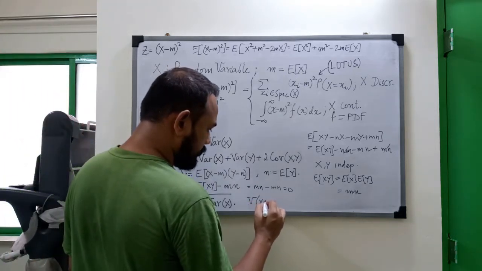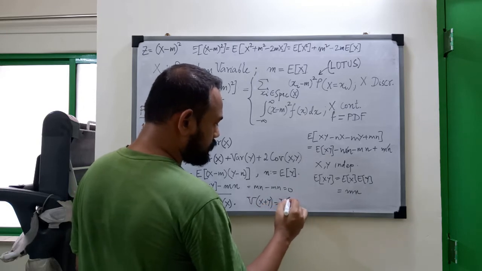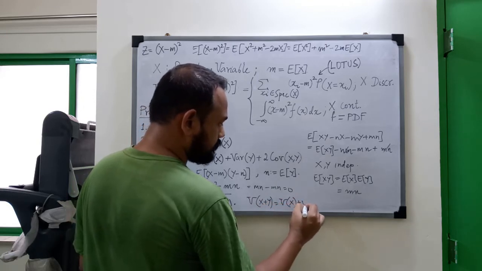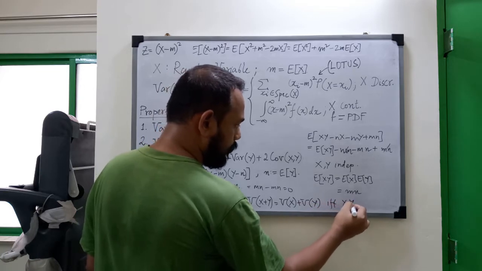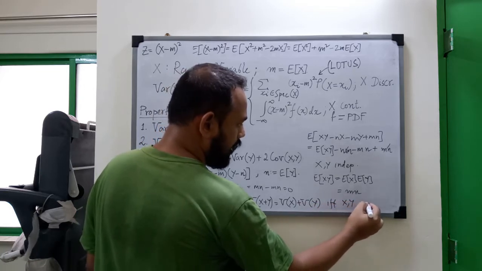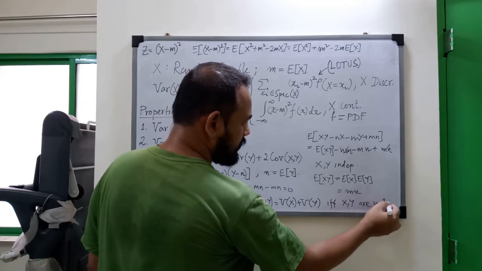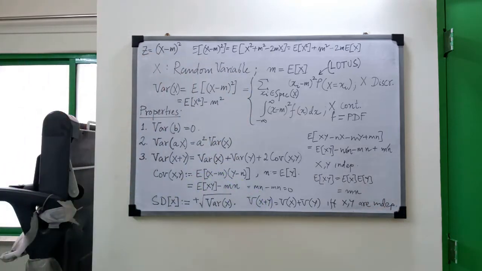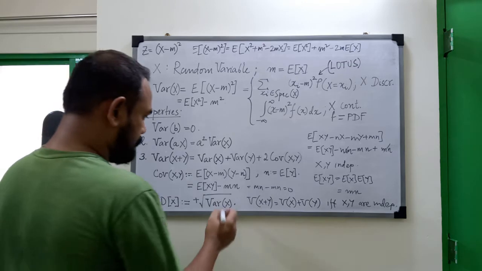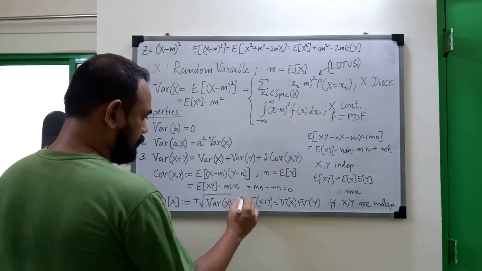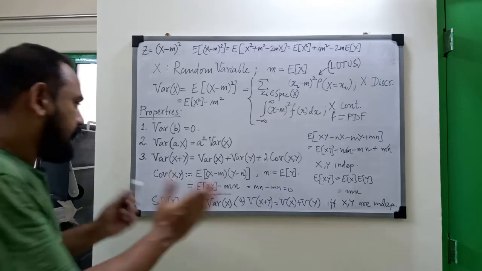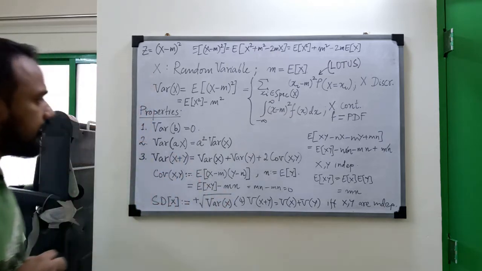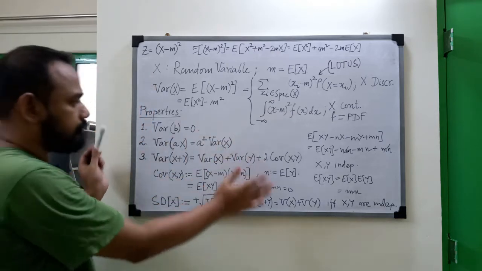Variance of x plus y will be equal to variance of x plus variance of y if x and y are independent. I think we can put that in as a number 4 here. It's a special case of number 3. Okay, so these are some of the properties of variance.